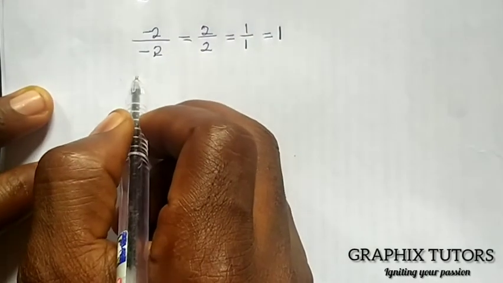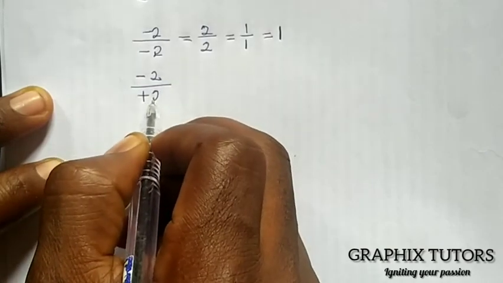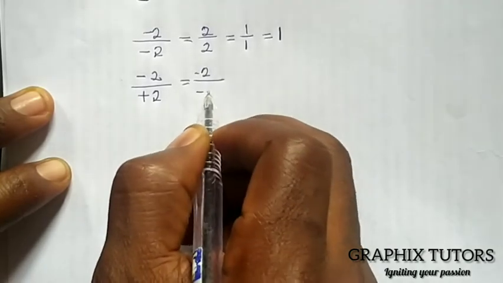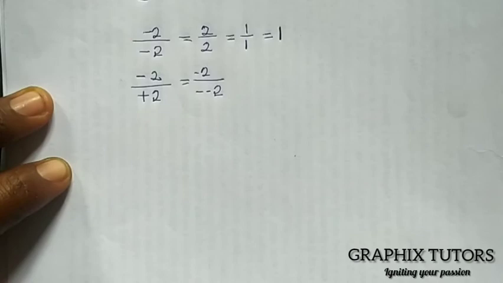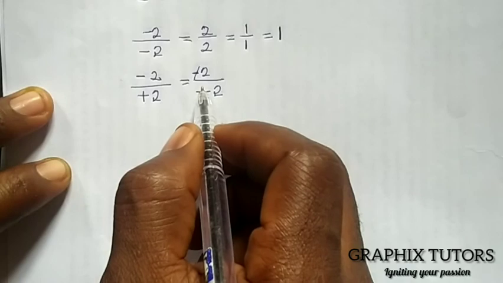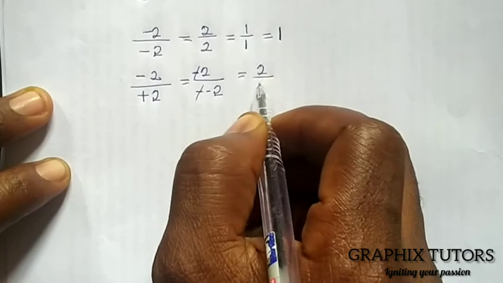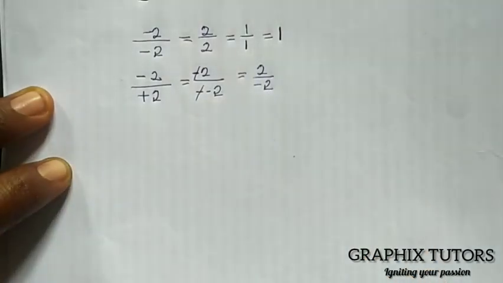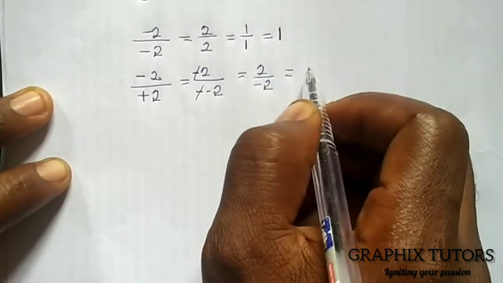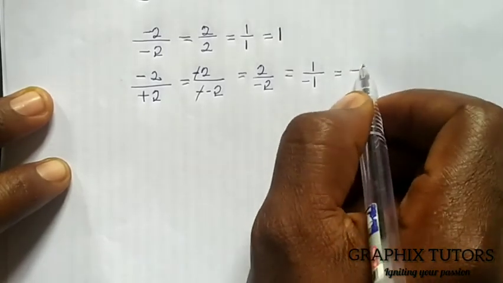Also, if I have minus 2 all over plus 2, and I told you earlier that it takes 2 negatives to form a positive. So this negative will equate this negative, right? And that will give us 2 all over negative 2. Are we good? And it can move further to give us 1 over minus 1, and that will give us minus 1.